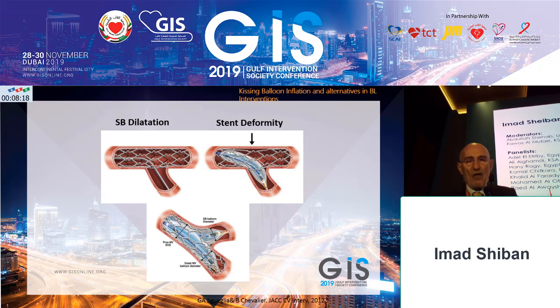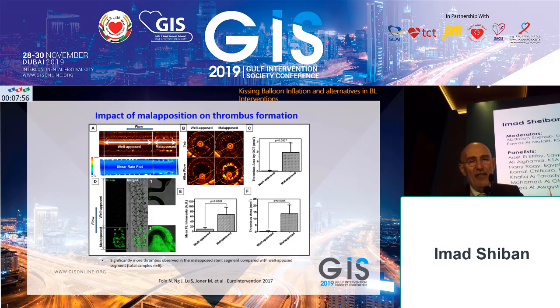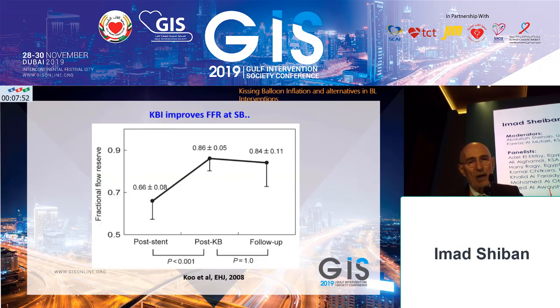And of course, stent deformity is caused if you are crossing to the side branch with a large balloon and inflating it, then you have dislodgement of the stent on the opposite side of the side branch, and this can be corrected with the kissing balloon, as well as jailing struts can be removed with kissing balloon, and this will be reducing stent thrombosis as well.